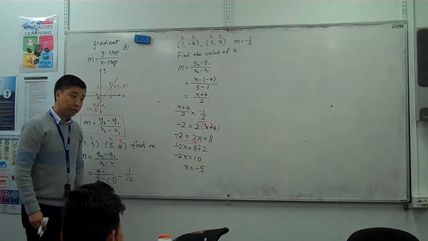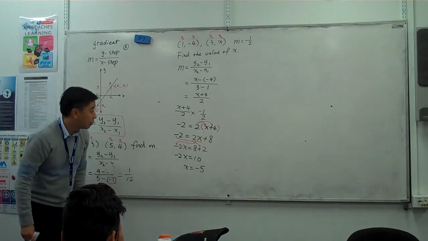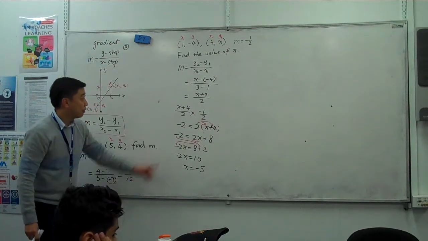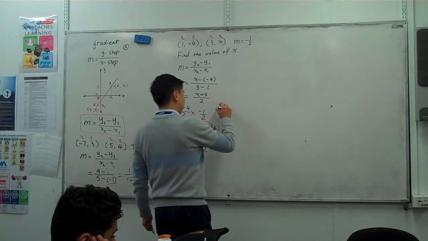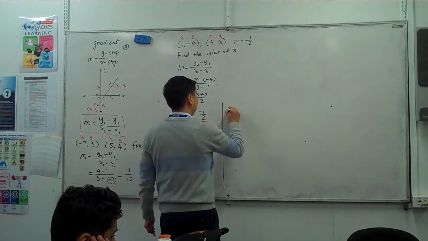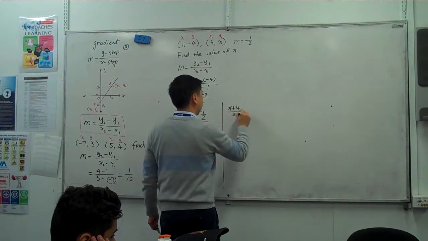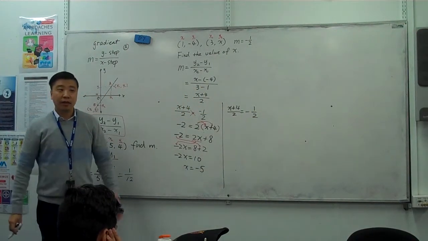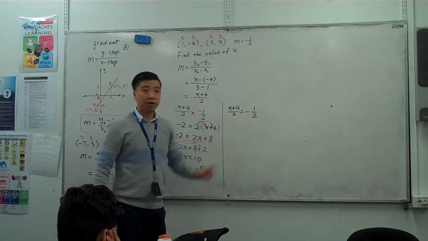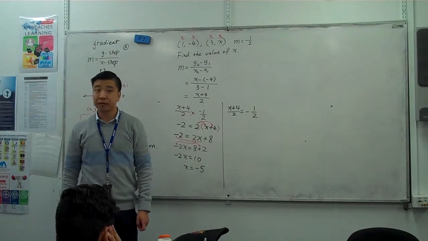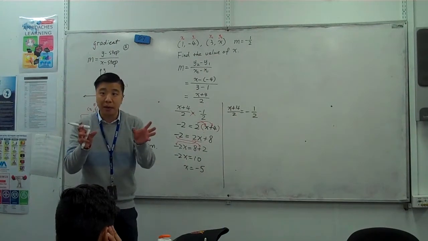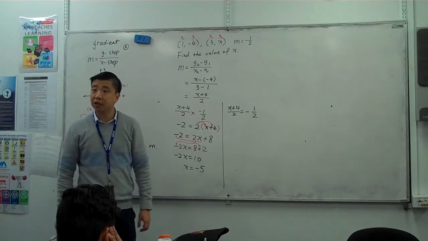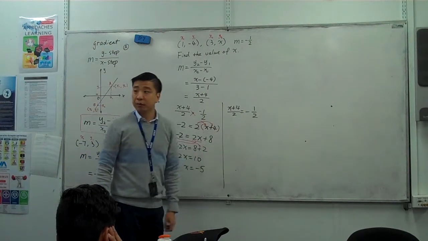Or you could times 2 on both sides. Oh, for this one. Yeah. He said we can times 2 on both sides. Is that correct? Yeah. If I times the same number on both sides of the equation, the value will not be changed.